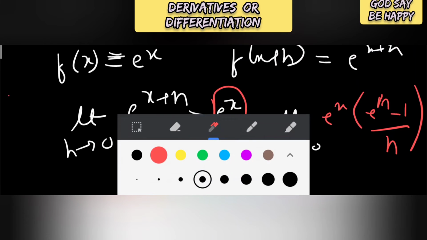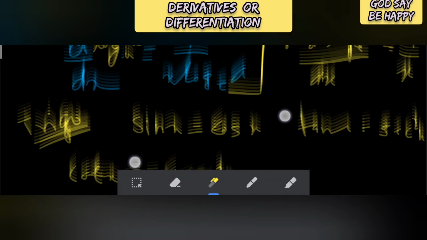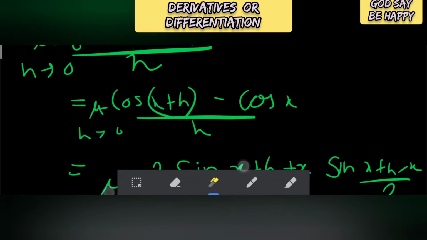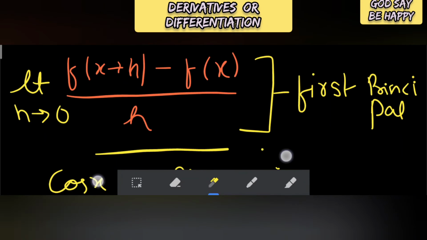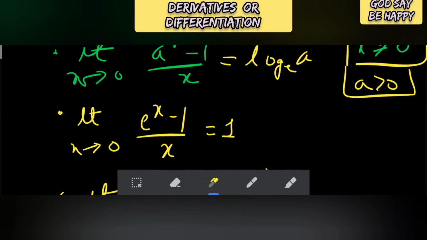Now we have seen that this equals 1 above. Let's recall it from above: limit of (e to the power x minus 1) upon x equals 1.